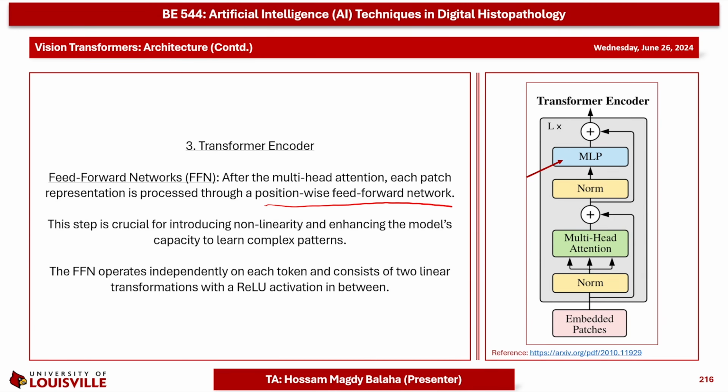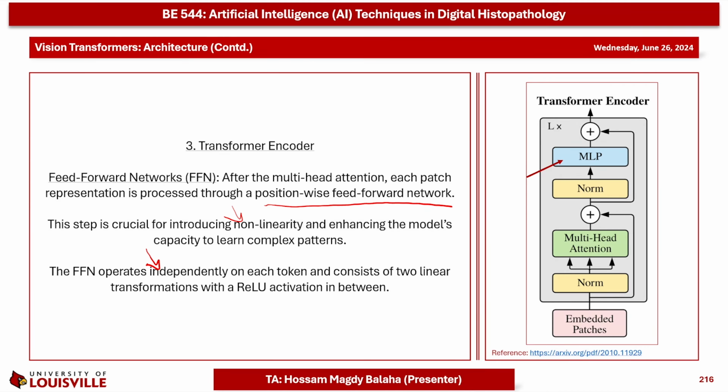Using the FFN will introduce some non-linearity and enhance the model's capacity to learn complex patterns. The FFN will operate independently on each token or element, and internally it consists of two linear transformations with a ReLU activation between them.